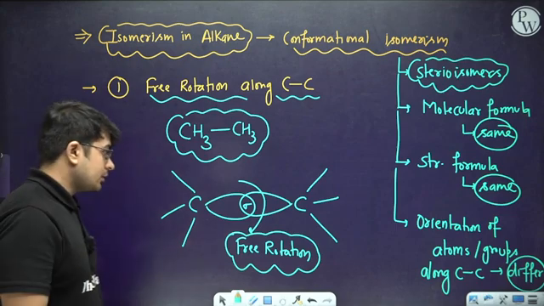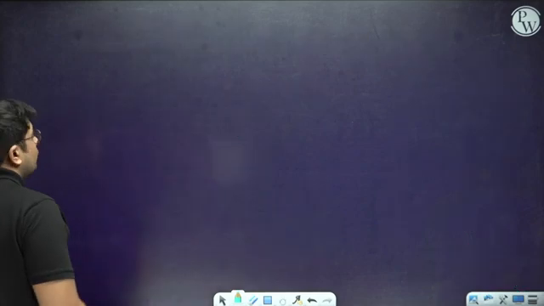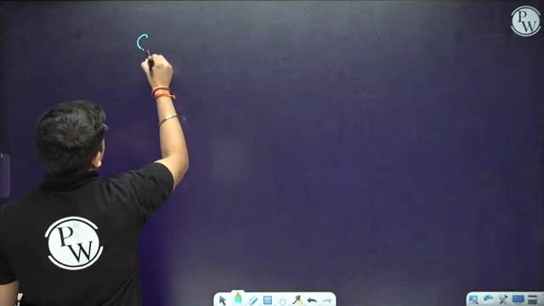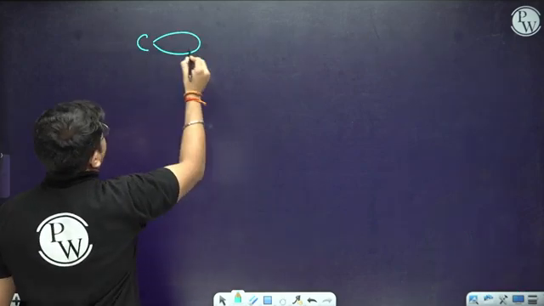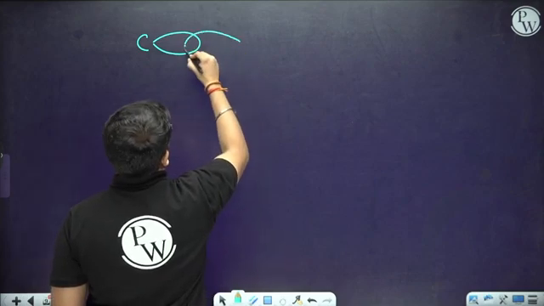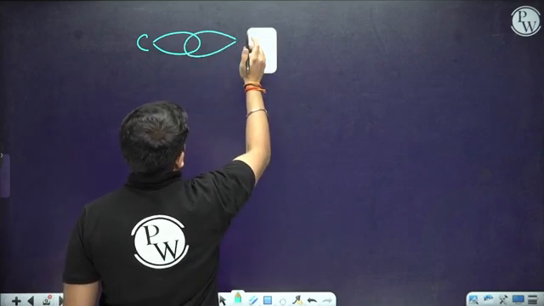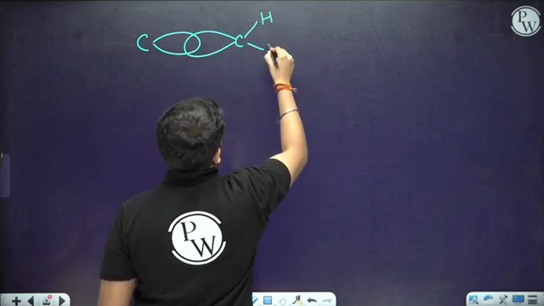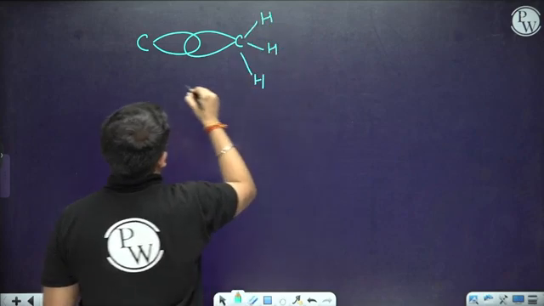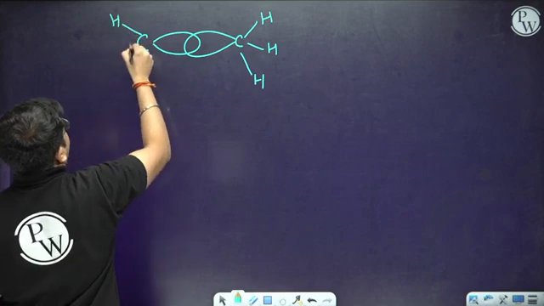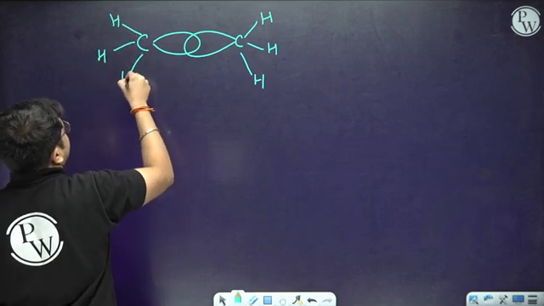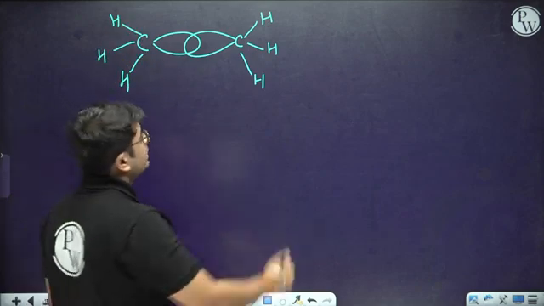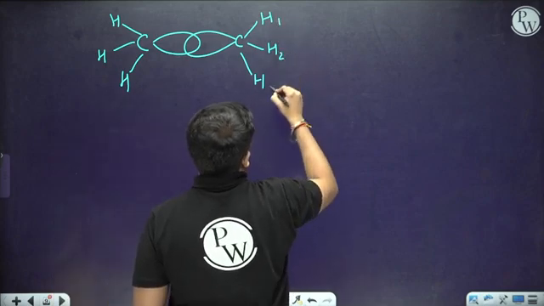Now, if free rotation is there, again I am talking about the same analysis. Let's say we have this type of overlapping, and let's say I have H here as well as H here. I am denoting these H as 1, 2 and 3.